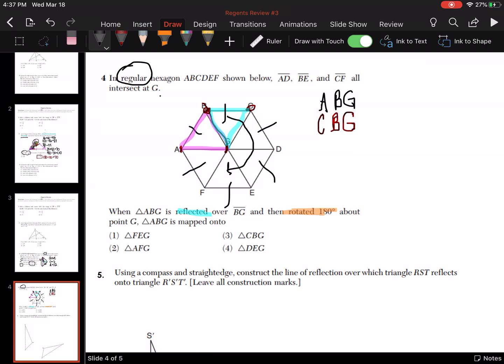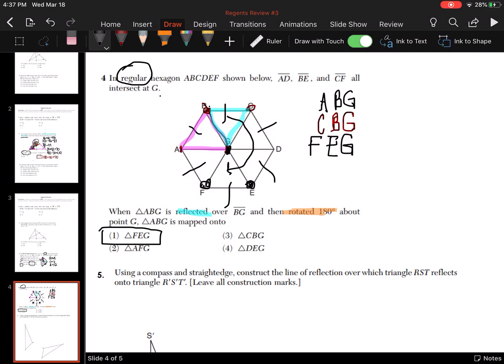So B is going to move and become E. So B is going to become E. C, which was here, is going to become F. And then G is the center of rotation, so it's actually going to stay G. So the answer is going to be triangle FEG.